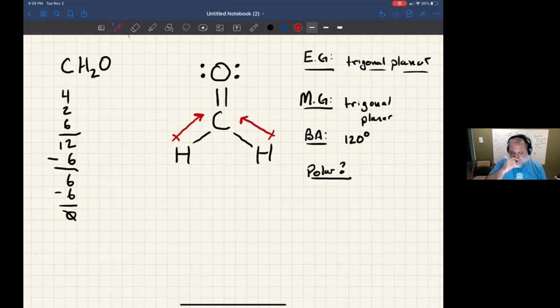So the individual bond dipoles for carbon and hydrogen point towards carbon. Similarly, oxygen is more electronegative than carbon, so the bond dipole for carbon-oxygen points towards oxygen. You can see that there is a net movement of all those dipole arrows that are generally pointing in the up direction. They don't all cancel out, so the molecule is polar.